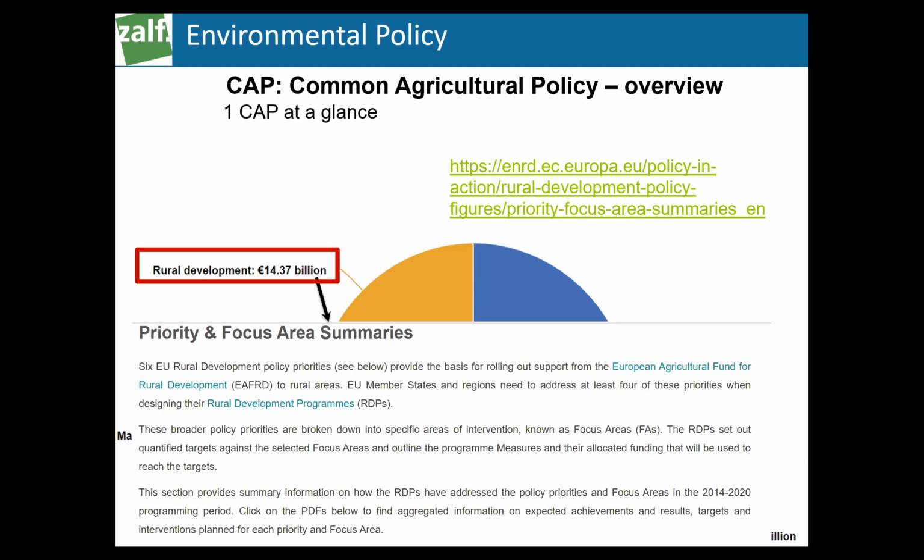The major step I want to take is to harmonize and achieve joint goals, that is, coherent policy. For example, the young farmer is supported and enlarges because of the support to a certain number of cows, and says, okay, now I go into production of cows. This is one program. And the other program in rural development says we have to mitigate the level of manure input per hectare.